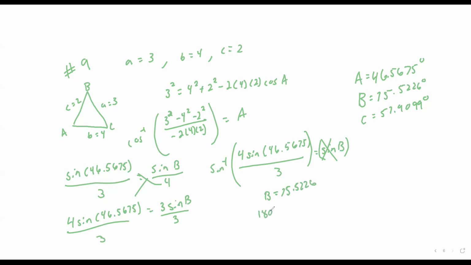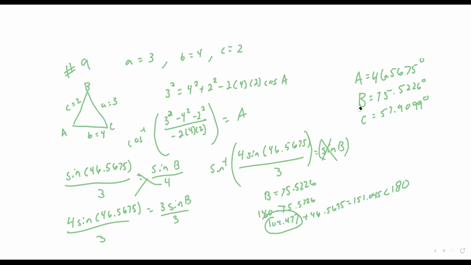But then you had to do 180 minus this, which gave you 104.477. You then had to add that to 46.5675, which we got 151.045. And since that was less than 180, this becomes my answer.